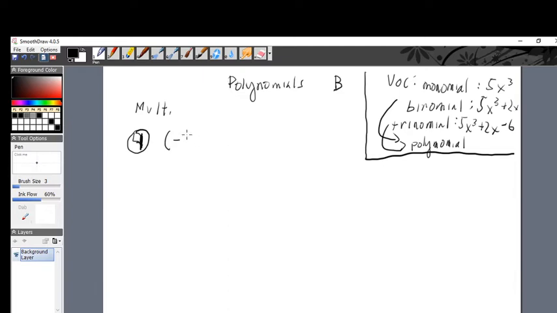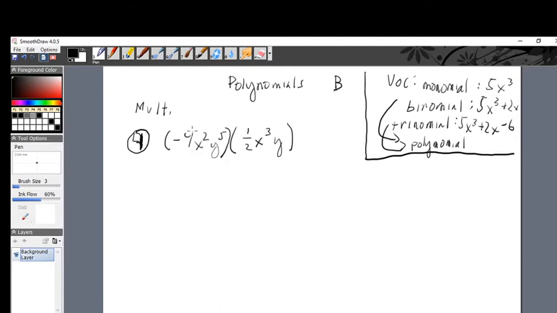Minus 4x squared y5, multiplying 1/2, let me end the parentheses here and then start a new parentheses, 1/2 x cubed y. Okay?